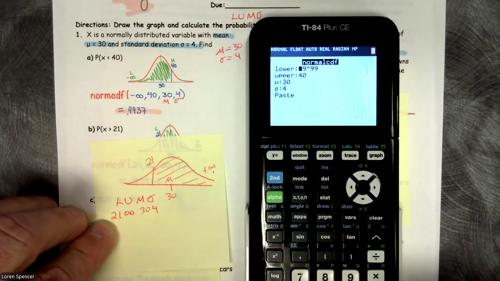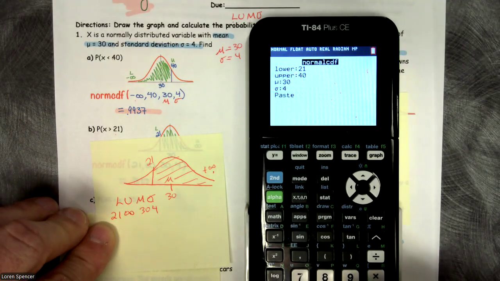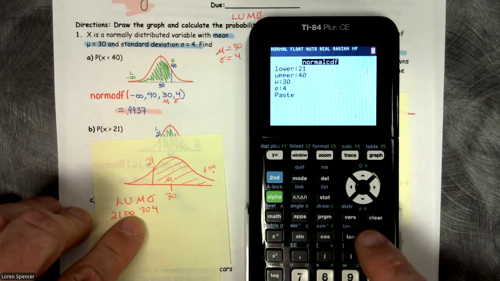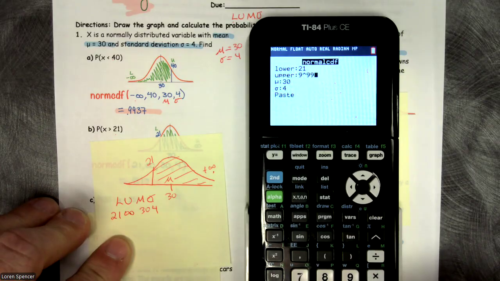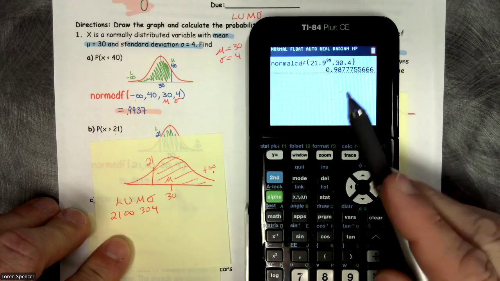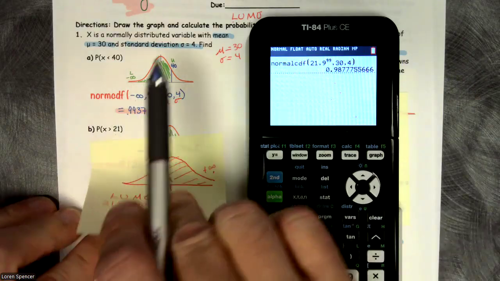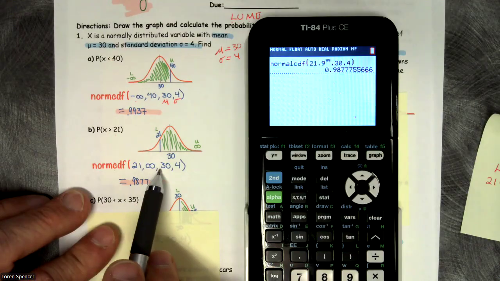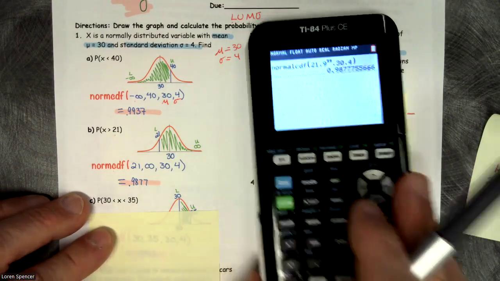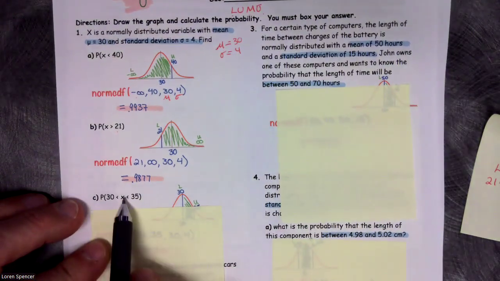Lower bound, the lower part of the shading, 21. Upper part of our shading, we shaded to infinity, so 9 caret 99, mean of 30, standard deviation of 4, and we get 0.9877, 4 decimal places. And this is your work, normalcdf. Boom, done.